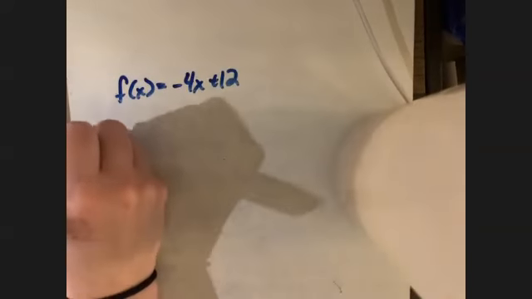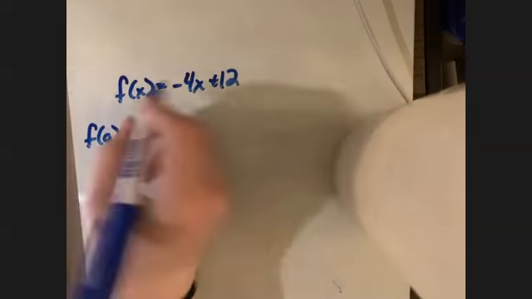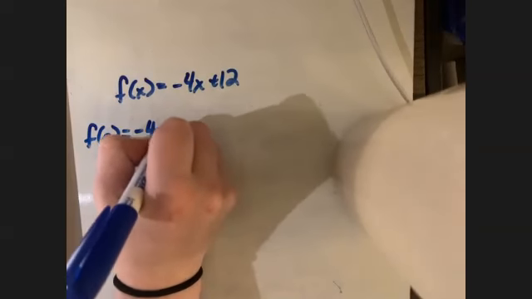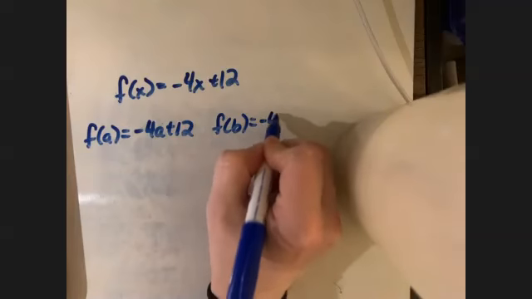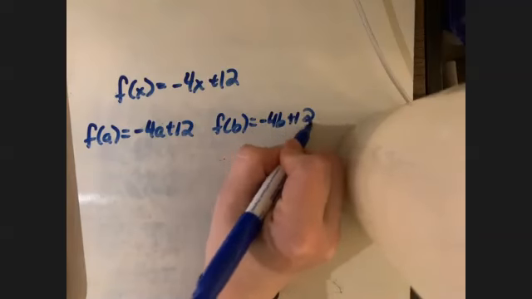If I have a function, f of A is going to look like negative 4A plus 12. f of B is going to be negative 4B plus 12.